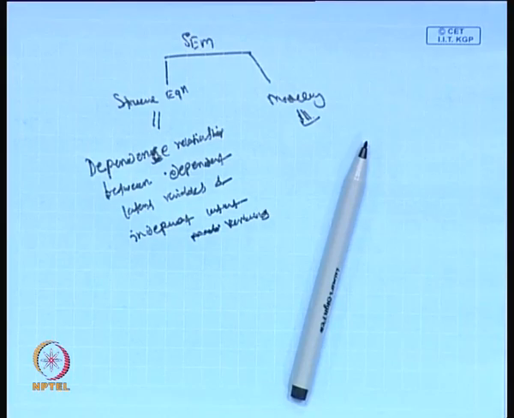Now in the case of structural equation modeling, we have two different setups. First is modeling and second is the structural equation. Modeling is a transformation rule to transfer the real world business problem into mathematical form of equations.